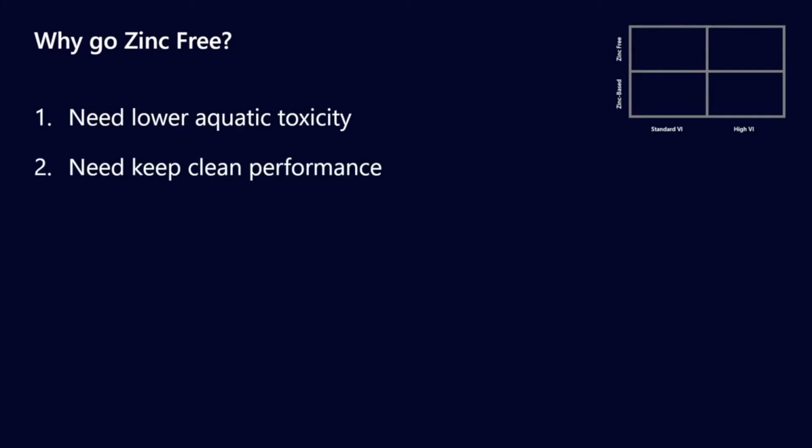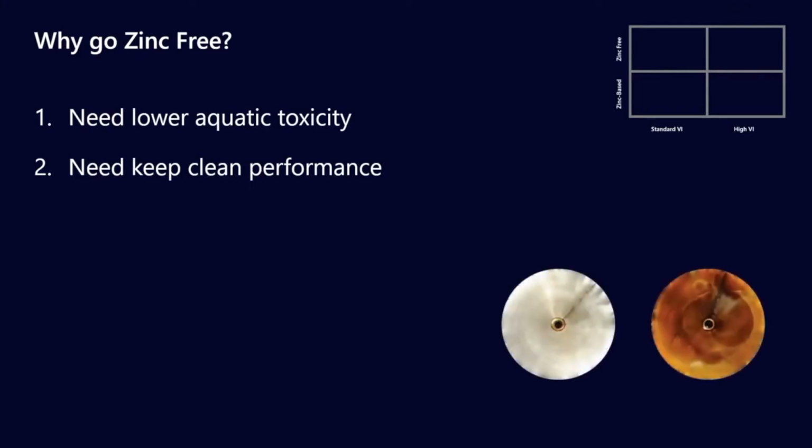Zinc-free also helps you with keep clean performance. So one thing that's probably worth noting is that sludge in hydraulic systems, the most common component of that sludge is actually broken down ZDDP additive. So after it's performed its function, it goes to sludge quite easily. So having a zinc-free formulation really helps you with keep clean performance.